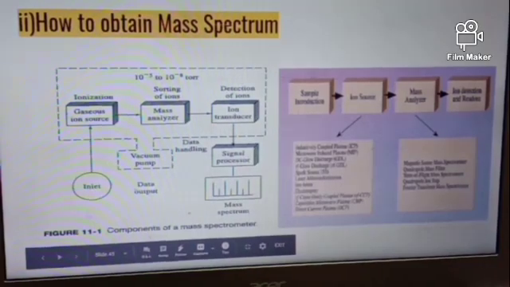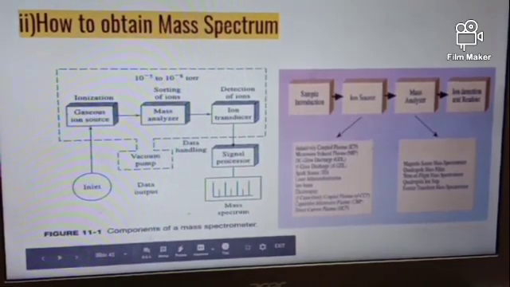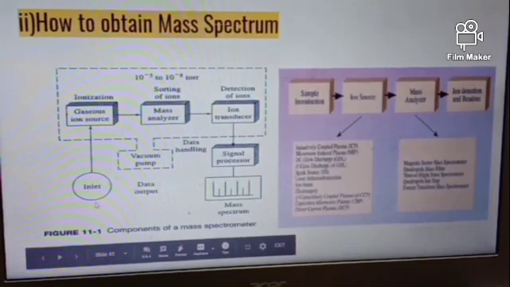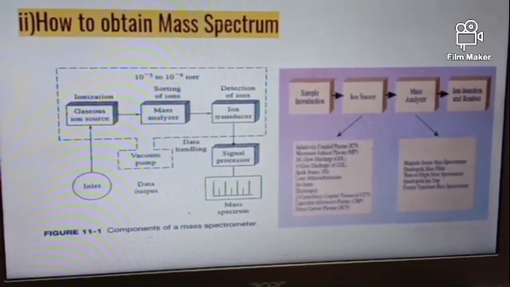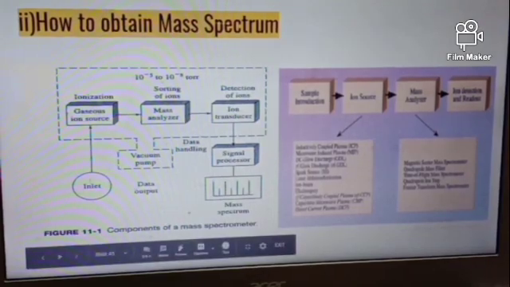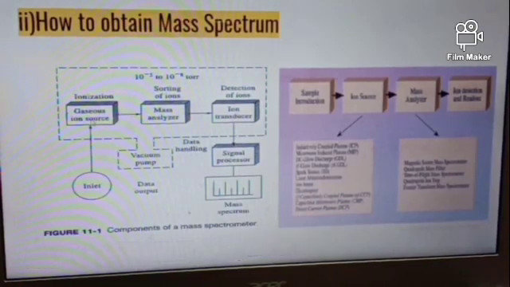The purpose of the inlet system is to introduce a micro amount of sample into the ion source, where the components of the sample are converted into gaseous ions by bombardment with electrons, photons, ions, or molecules.